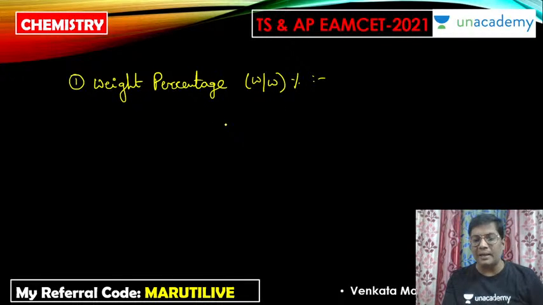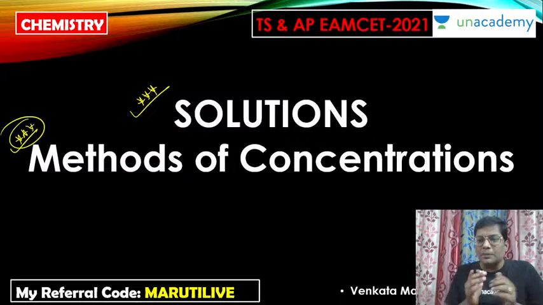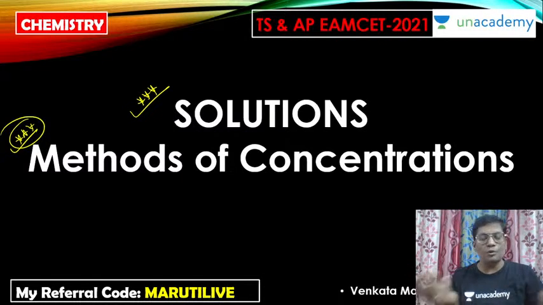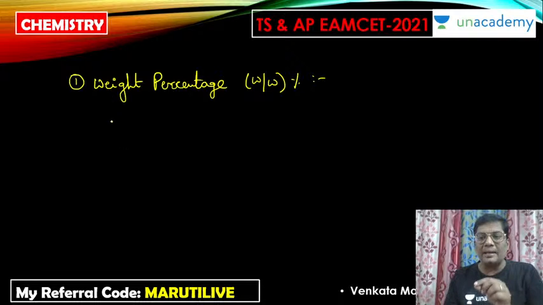If you want to calculate the concentration of a given solution, suppose I give you a sugar solution or salt solution or HCl or NaCl or NaOH, whatever the solution may be, you have a solution but you don't know the concentration. So to know or to measure the concentration of a solution, you should know these important methods of concentration.